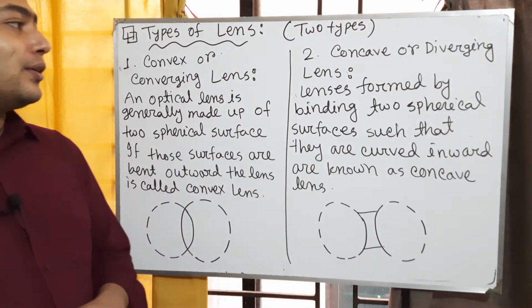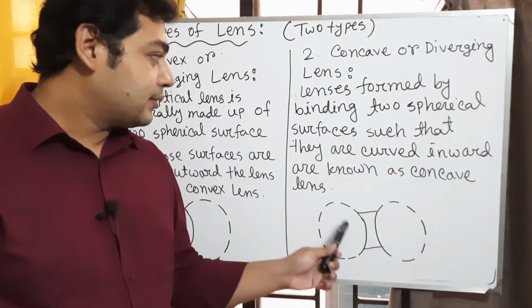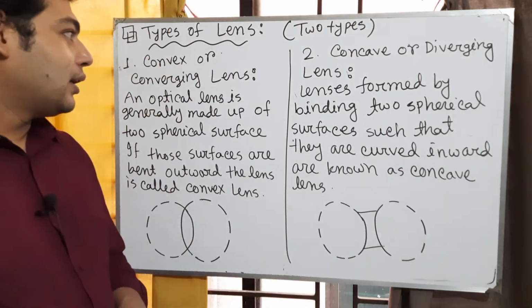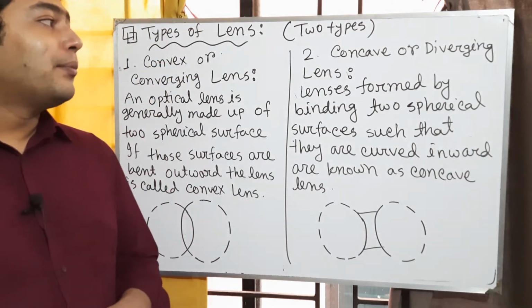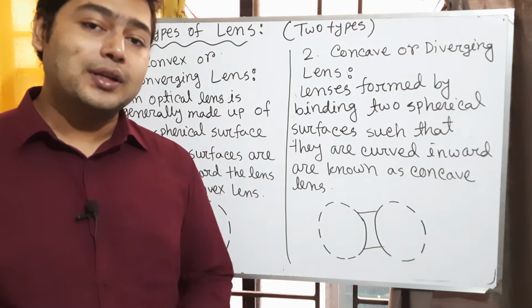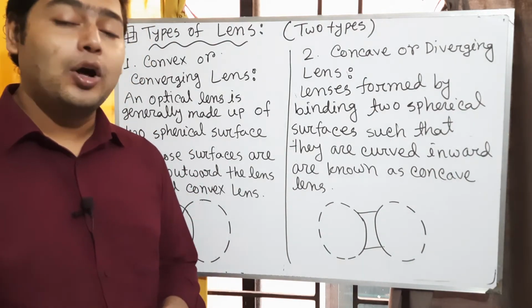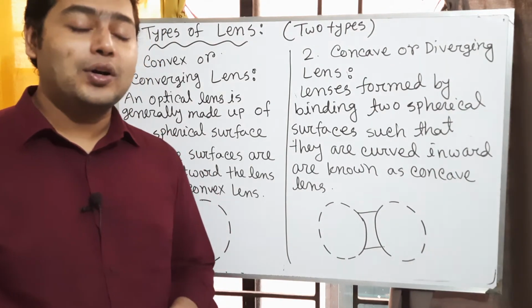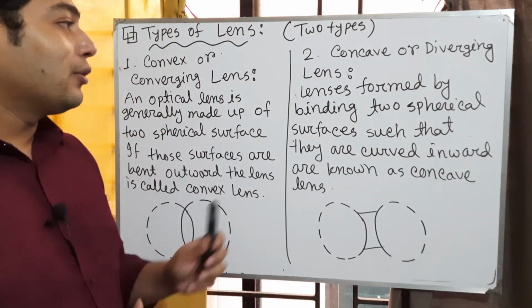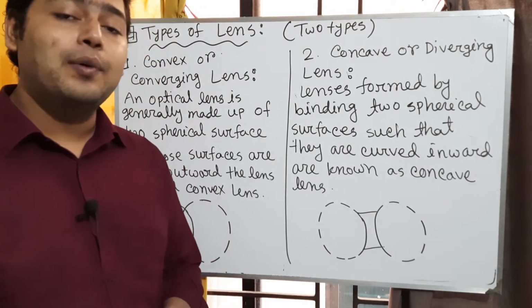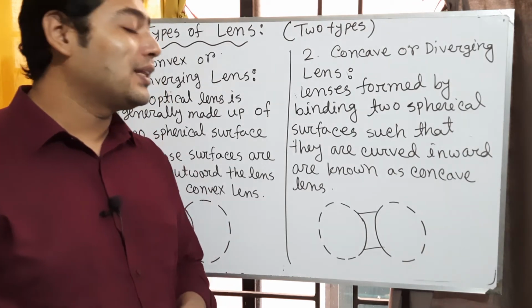This type of lens is also called a biconcave lens. And now the question is why this type of lens is called a diverging lens.